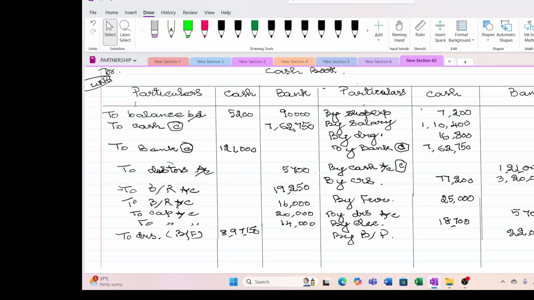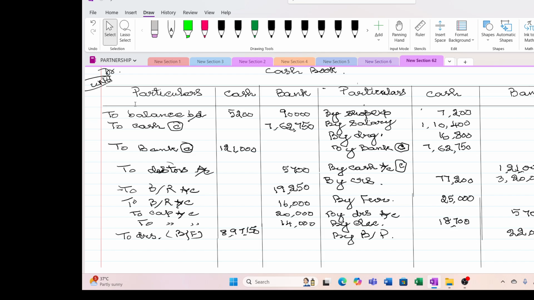So I'll total the debit side: 90,000 plus 7,62,750 plus 5,700 plus 19,250 plus 16,000 plus 20,000 plus 14,000.